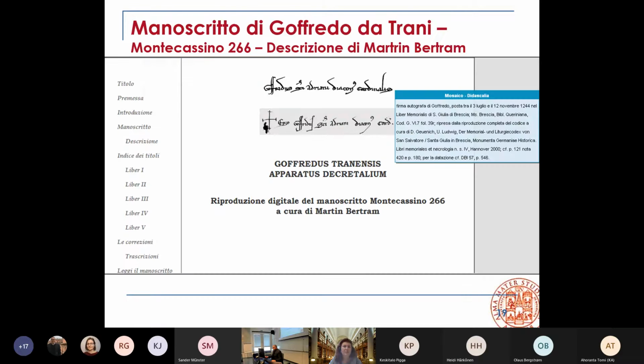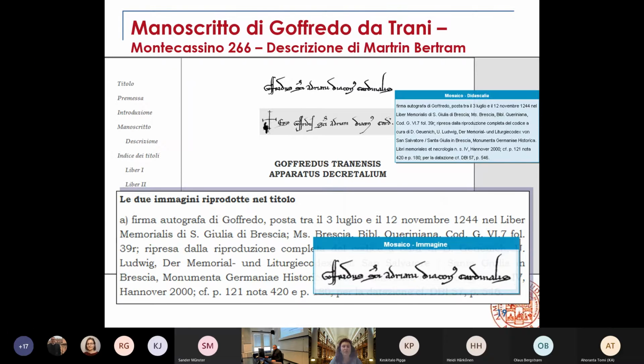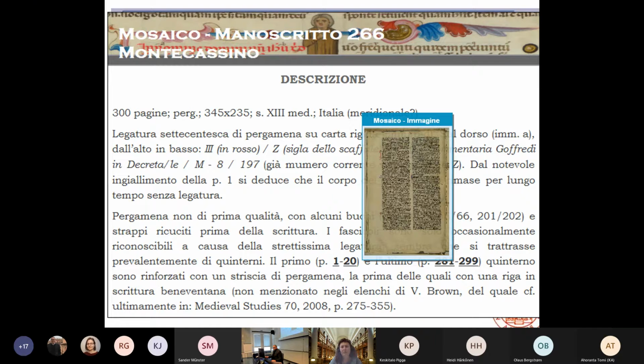So this is also the manuscript of Mosaico with similar problems. So we have a book of a scholar today. This is a book of a critical edition of this manuscript. And then there is the manuscript, and the manuscript is recorded with images, but inside of the images we have also other levels of annotations.